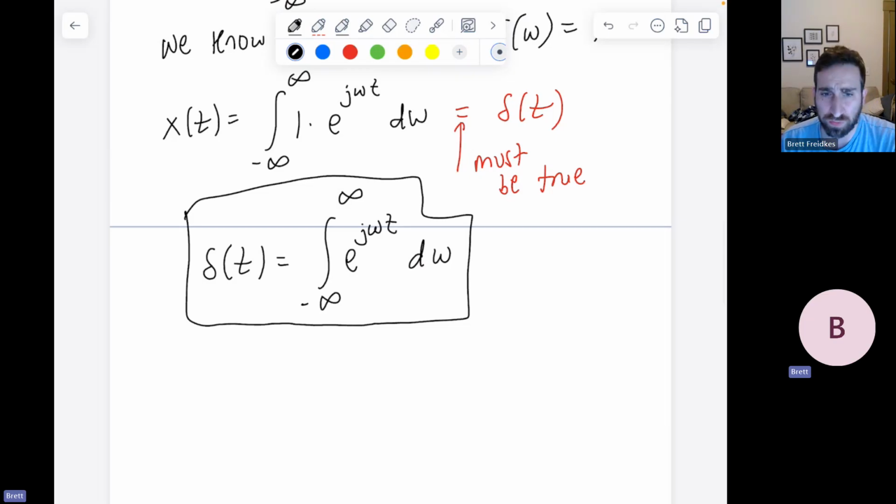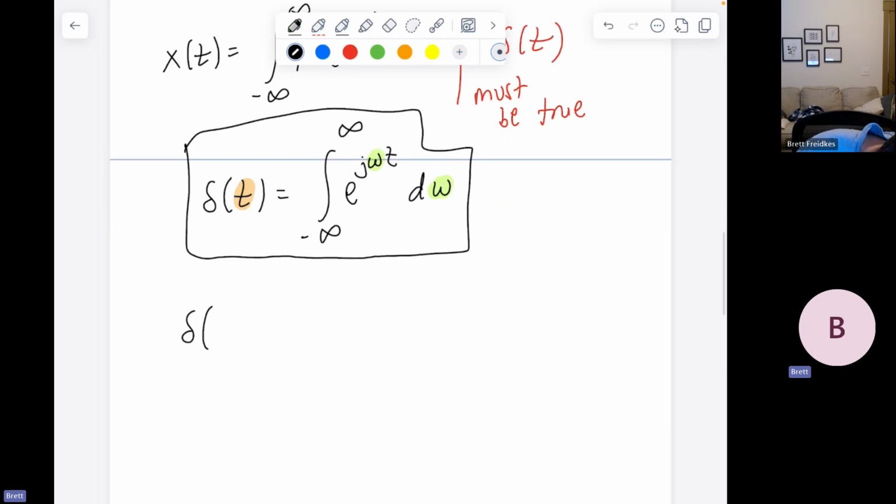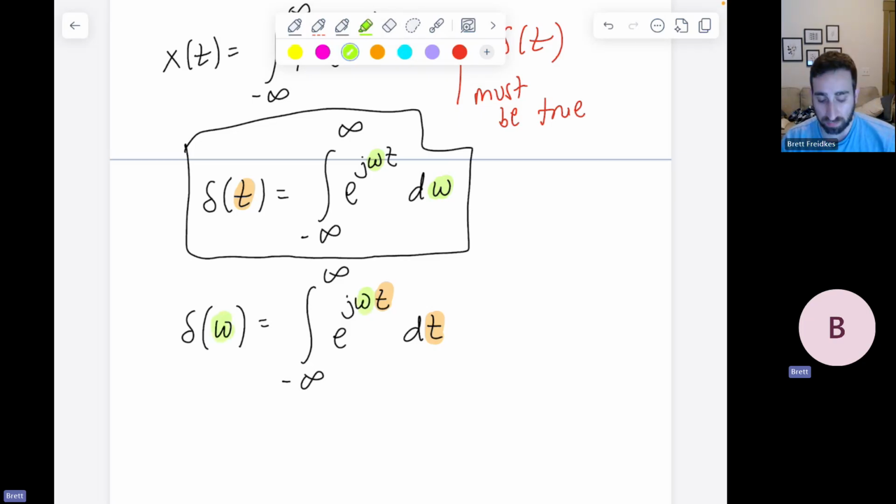And let's just think about this for a second. Does it matter which integration variable I go between? Here's an omega, I get delta of t. Is there anything stopping me from saying delta of omega is equal to the integral from negative infinity to infinity of e to the j omega t dt? Because if you look now, I have a function that I'm integrating with respect to time, and my output is a function of omega.